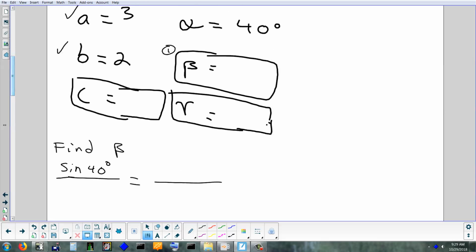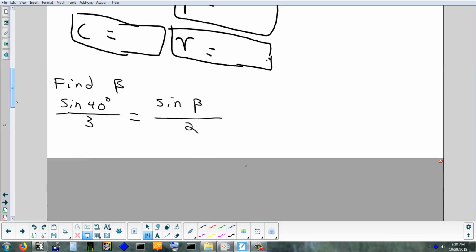Well, this one doesn't have a 4 in it, so not 4. But I like the 40 in the top. That's a 3, yeah. Sine of 40 over 3 equals. And then, Christian, can you tell me what's going to go on the other side? Would it be sine of beta over 2? Yep. And we're going to start to solve it, just like we always do.